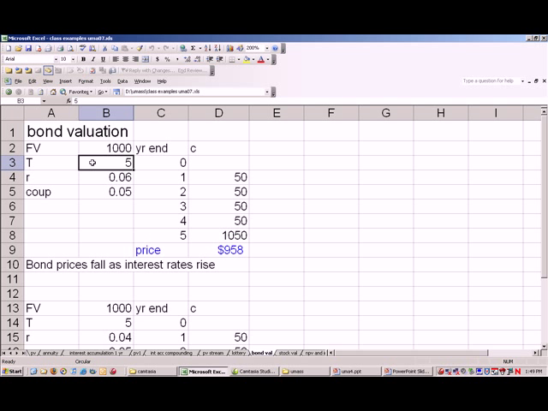This number deserves a little bit of explanation. I said the original bond term was 10 years. The bonds were sold in the year 2002. It's now 2007. Hence, the bonds mature 5 years from now, or in 2012. And we're trying to determine at what price the bonds will sell in the bond market right now.